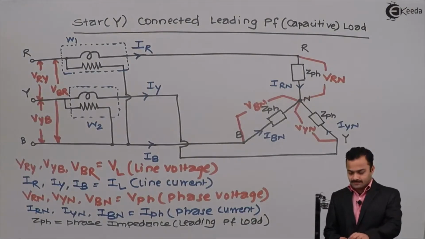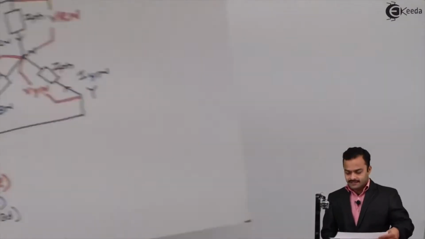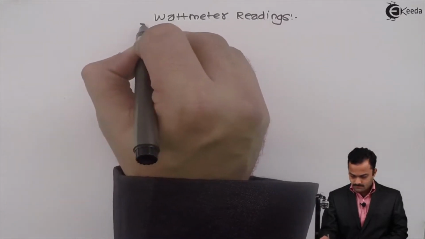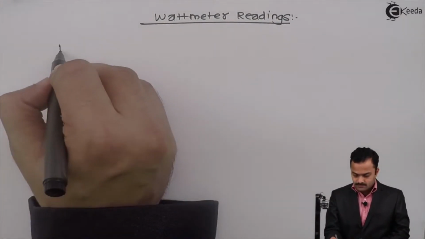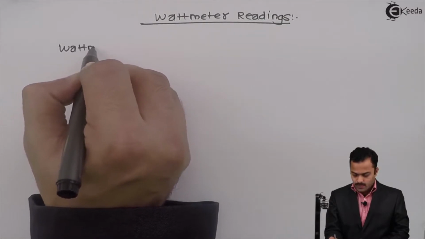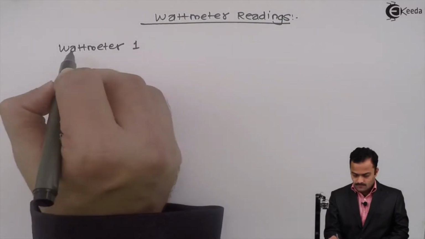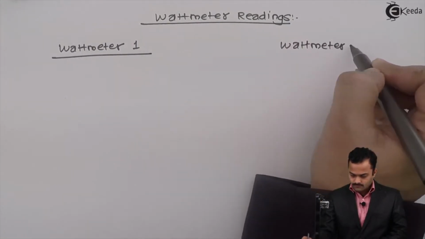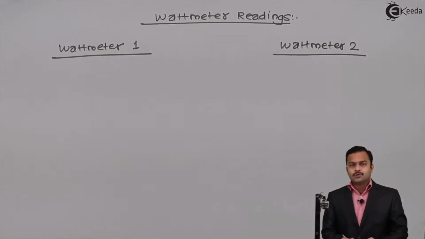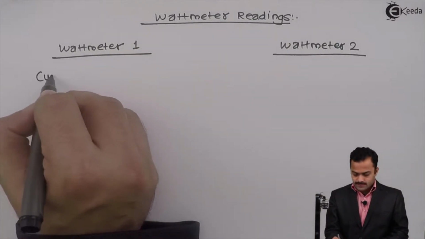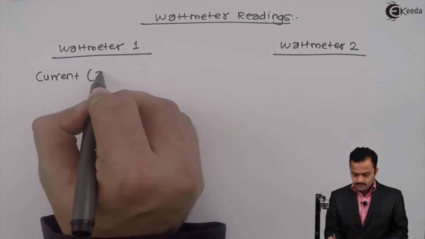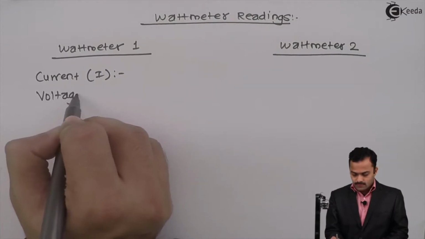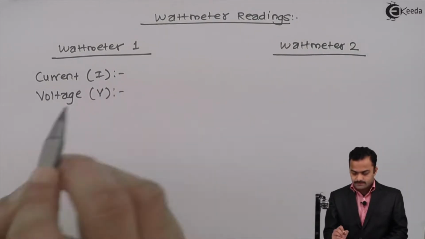Let's move to the next part, that is wattmeter readings. I have two wattmeters, wattmeter 1 and wattmeter 2. What do I need to know? I need to know what current it is going to measure and what voltage will come across the voltage coil of this wattmeter.